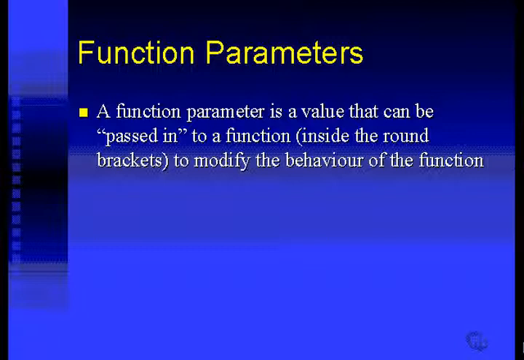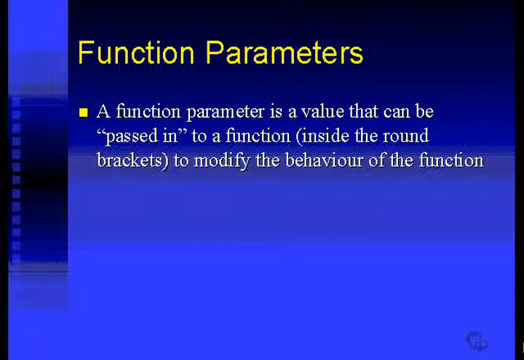Do we know of any examples of this so far? Well, think about printf. We've called printf several times in the past. Sometimes we've called printf and said, can you please print out the value of this integer? And sometimes we call printf and we say, can you please display the contents of this string? And the results that we see on the screen, in other words, what printf actually does, depends on what we pass it.